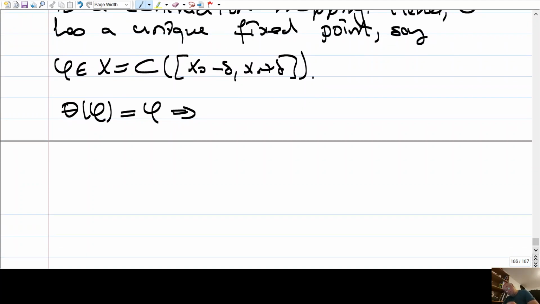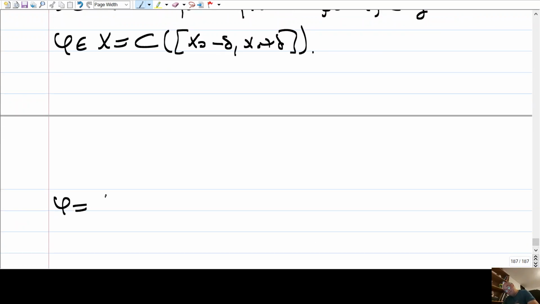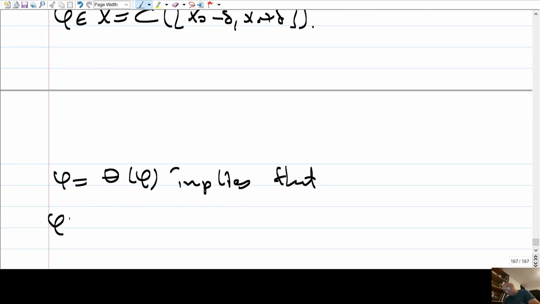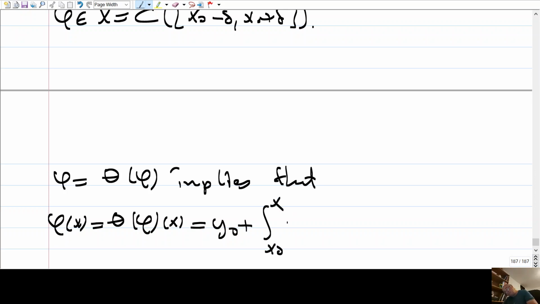So, okay, implies what? Okay. The value of this function at x is equal to the value of this function at x. But what is this value? This was defined like this. Right?